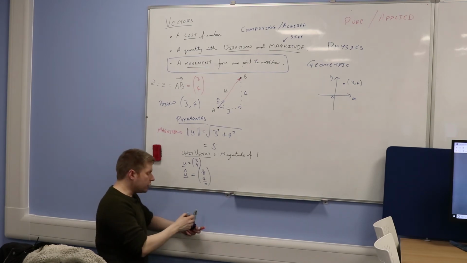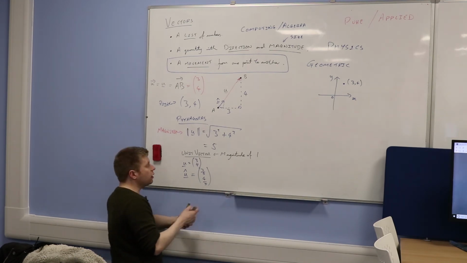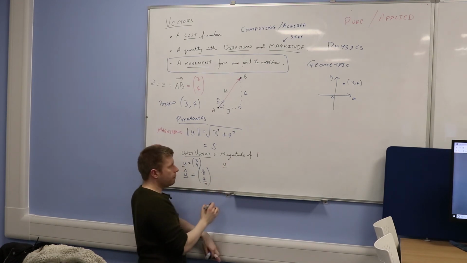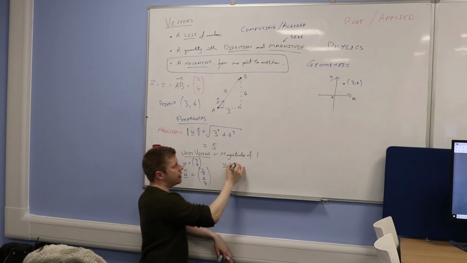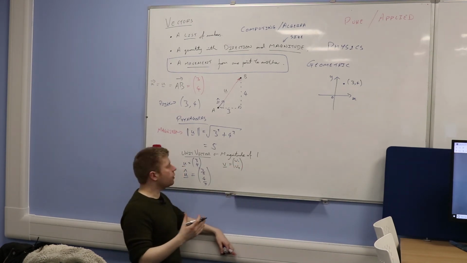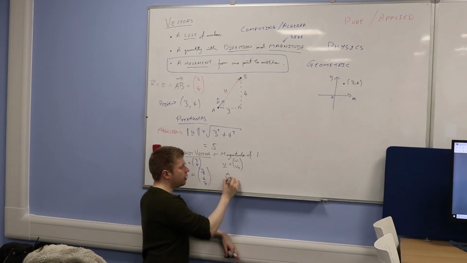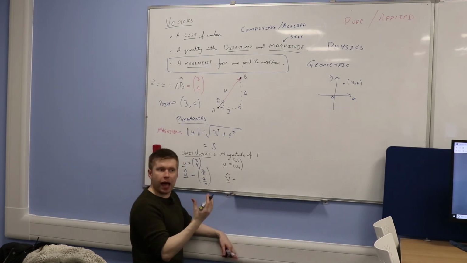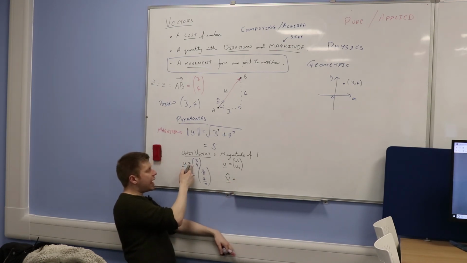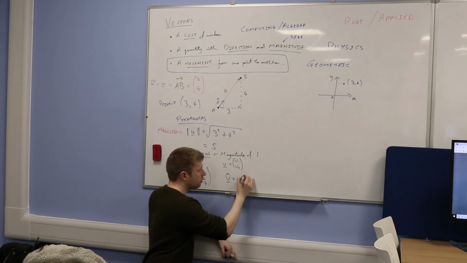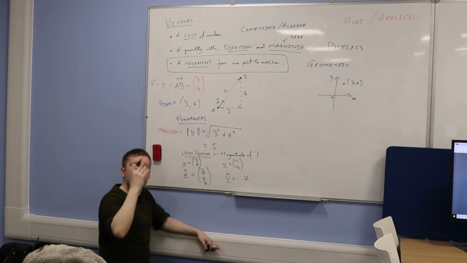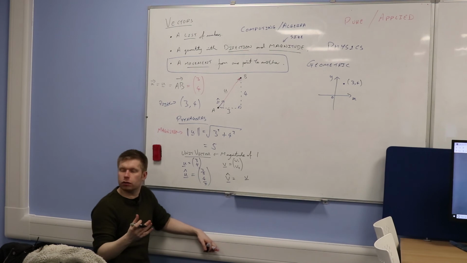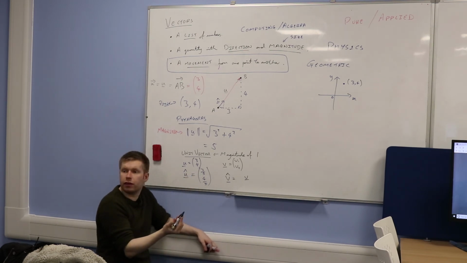Okay? So in general, if I have a vector, let's say v, and v is (v1, v2), how would I find the unit vector of v? Well, are you happy that all I would do is simply take the original vector and divide it by the magnitude. Yeah, divide it by the magnitude. That's where the fifth comes from.